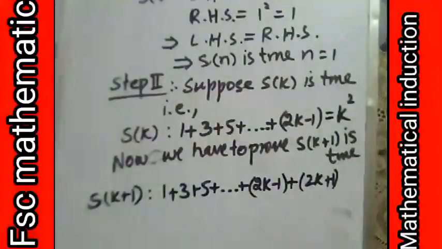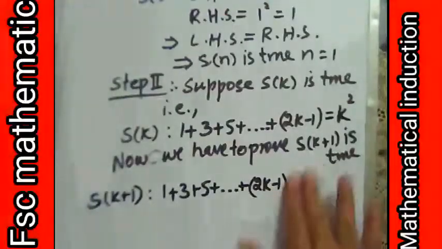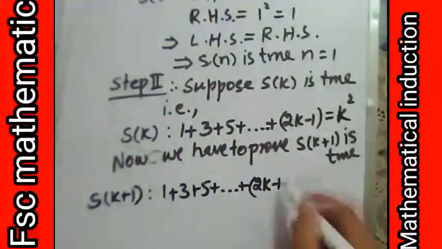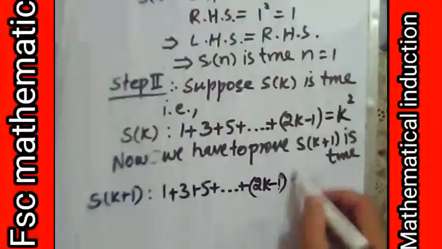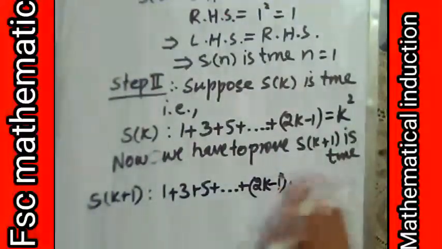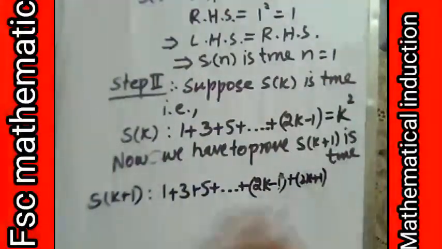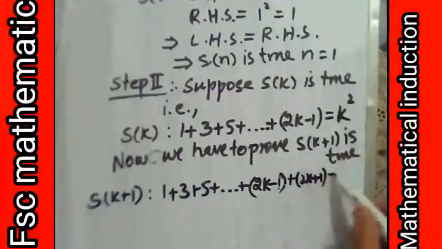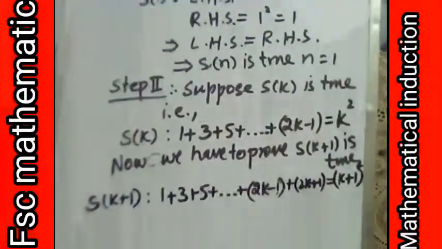And what must it be? How many terms are these? These are k plus 1 terms. If we rewrite it, 2k plus 1. These are k plus 1 terms. The right hand side must show the sum of k plus 1 terms. So the sum of k plus 1 terms is given by this.